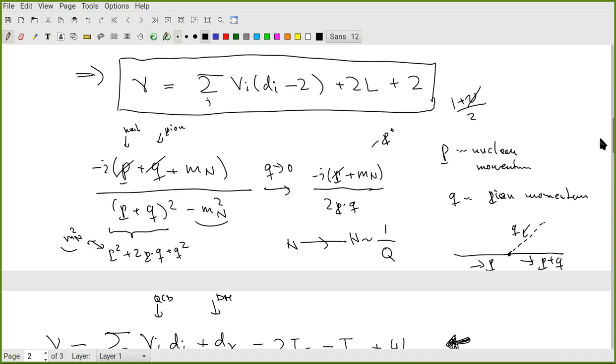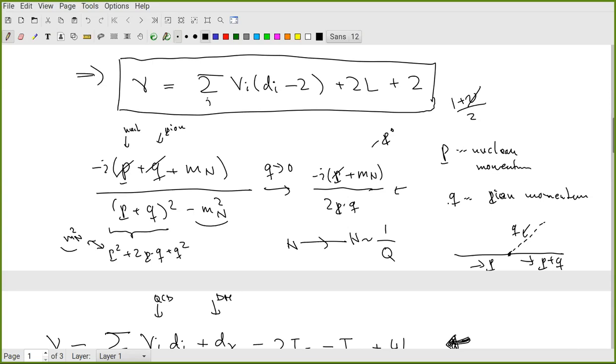The pion is a spin 0 particle, and the nucleon is heavy. I think the essential thing that is happening is that in the denominator, this p² piece cancels against the mass piece. So the leading term is just p·q. I don't know if I have a good intuitive explanation for this. That's just the typical propagator of a non-relativistic field.